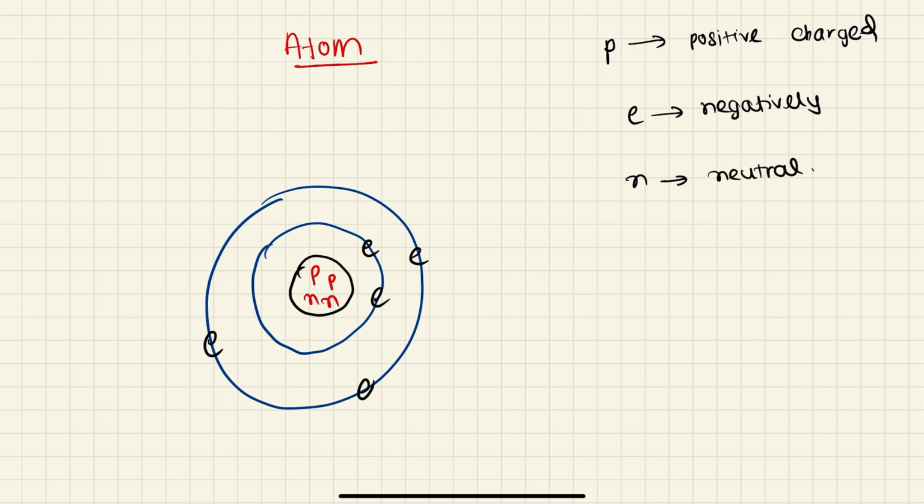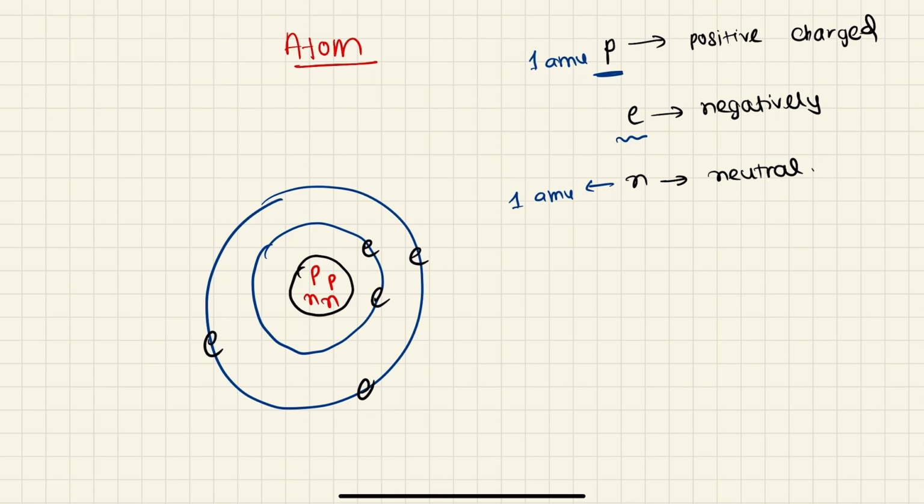Now if we look at the mass, we can say a proton has 1 AMU, a neutron has 1 AMU, while the electron's mass is so little that we usually just ignore the amount of mass it has.